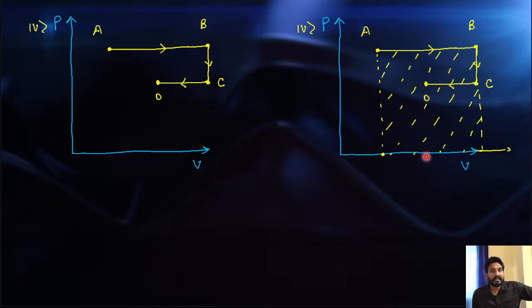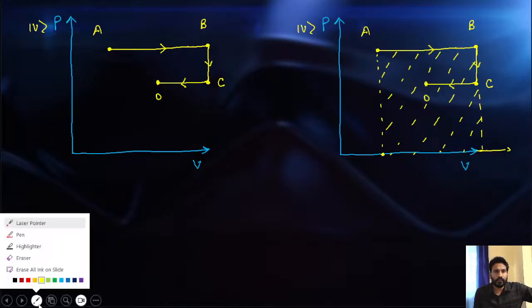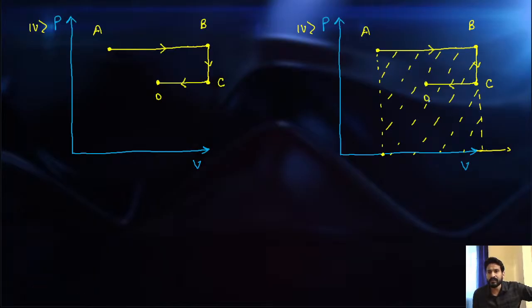If volume is decreasing, it means the area under CD on the volume axis is negative. If you are facing any problem, please let me know. So from C to D my volume is decreasing, so my work done is negative.